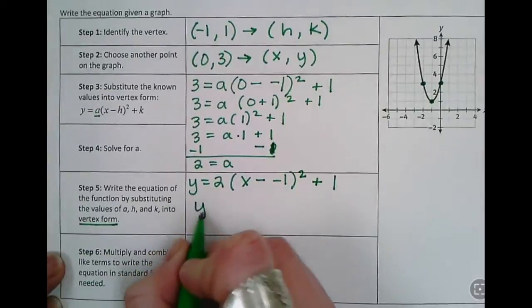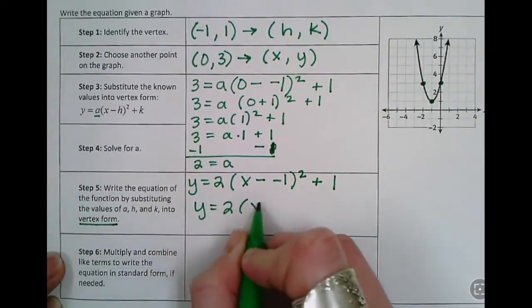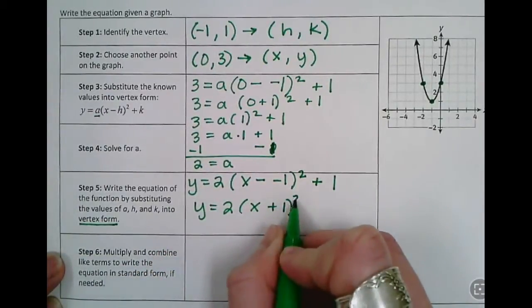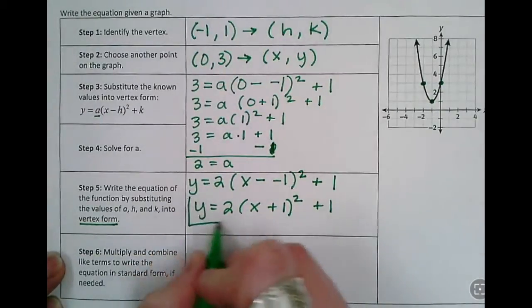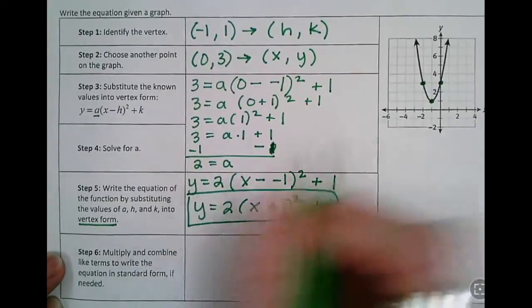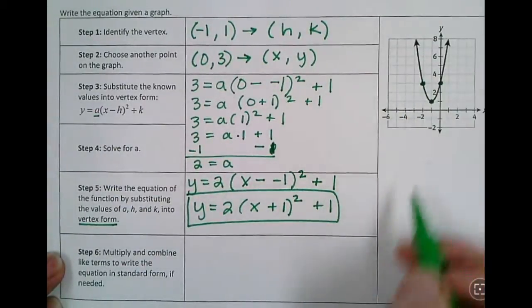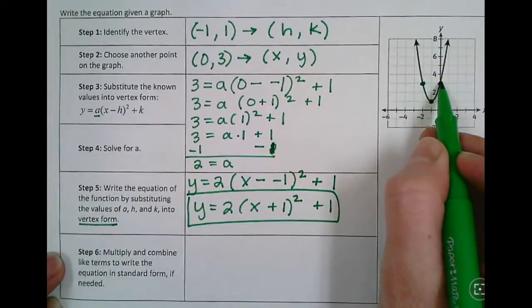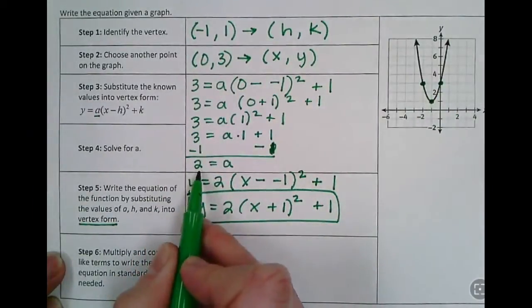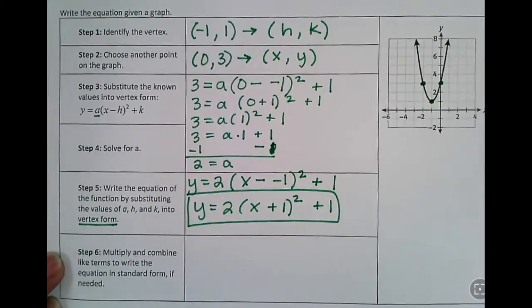Simplifying this, I have y equals 2, x plus 1, quantity squared, plus 1. Here I have successfully found the equation of this parabola by finding the vertex, any ordered pair, solving for the value of a, and plugging them in.